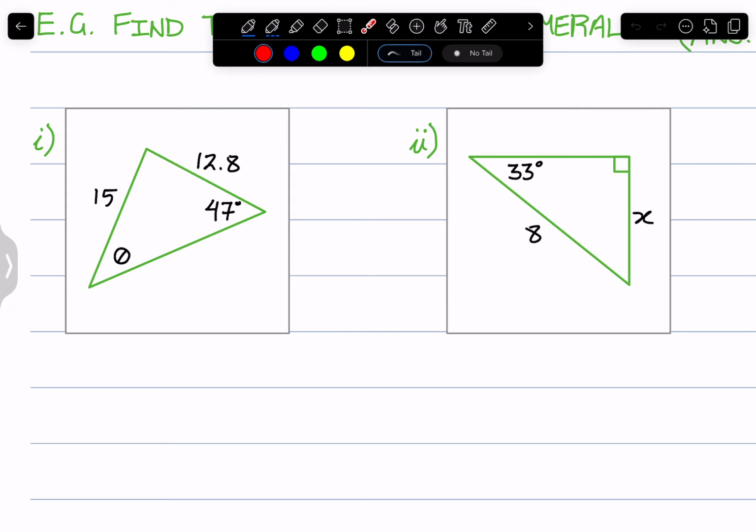Now, if you take a close look, we ask ourselves, is this a side or is this an angle? Well, side lengths are always on the edge of a triangle, whereas the angles are almost always on the inside of the triangle. So this is an angle.